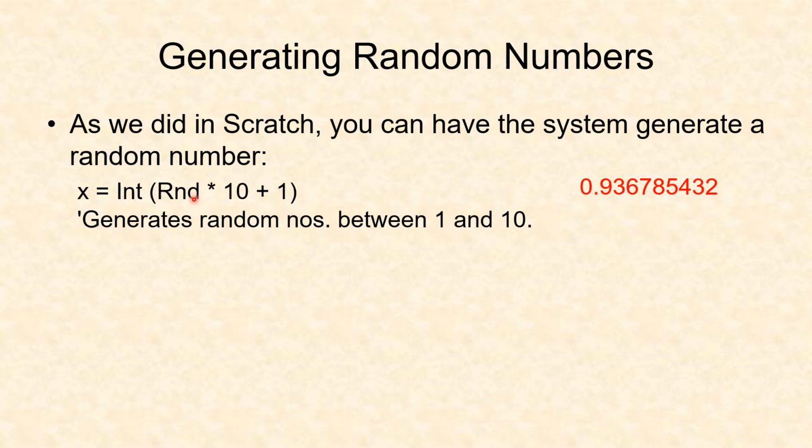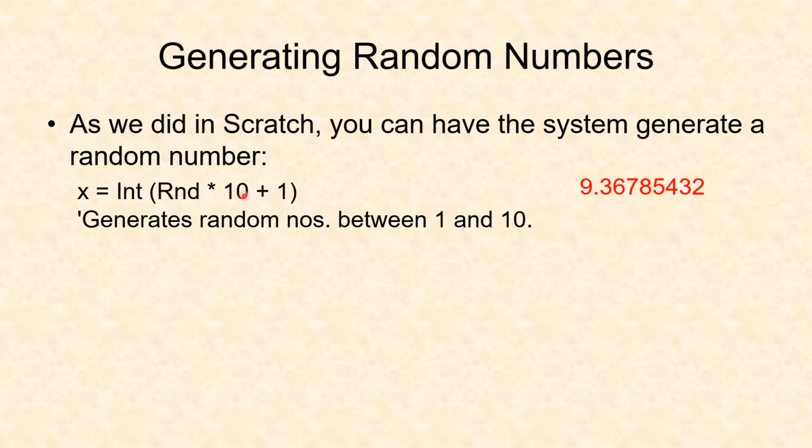Now, the other thing we want to do is we want to multiply it by something in order to make a whole number out of it. So all random numbers are going to be like this, 0 point something. So if I multiply it by 10, this is going to happen. I've got, instead of 0.9, I have 9 point something.